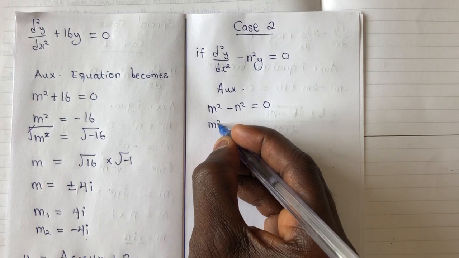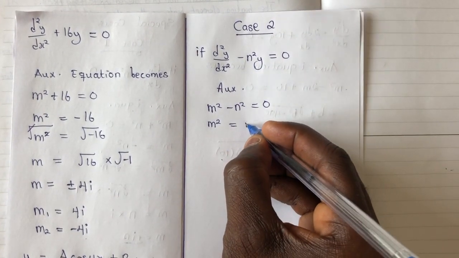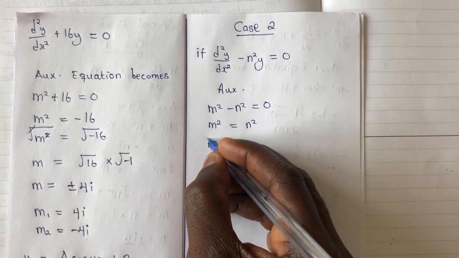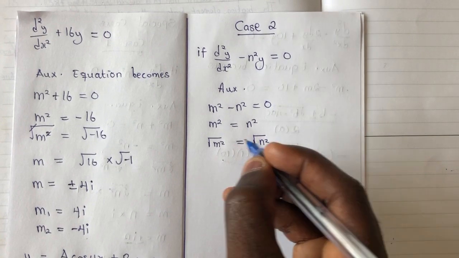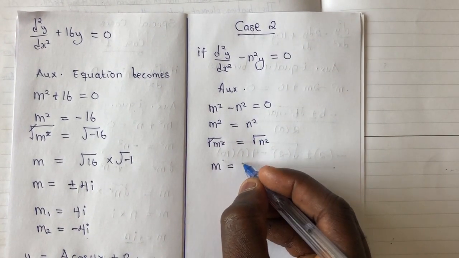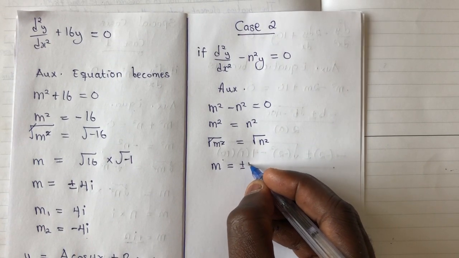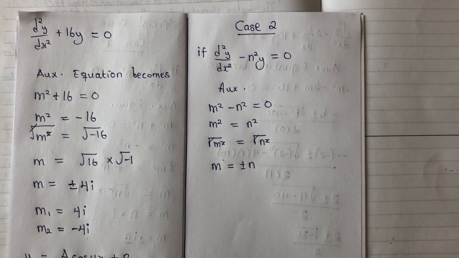So it is m squared, when I carry this side, equal to n squared. So root of m squared equals root of n squared. This will take care of this, giving me m equals plus or minus n, so that this one will take care of this.